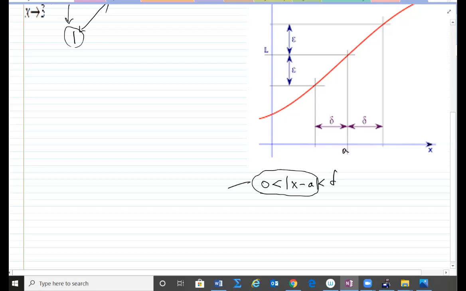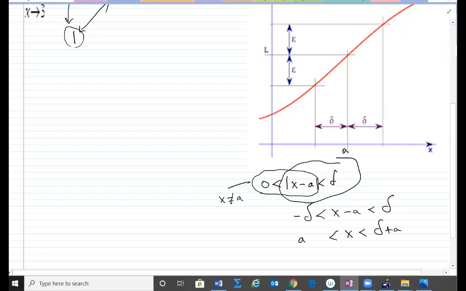So this part of it says x is not equal to A. This part says this, x minus A less than delta and greater than negative delta, which says that x is less than delta plus A and greater than A minus delta.